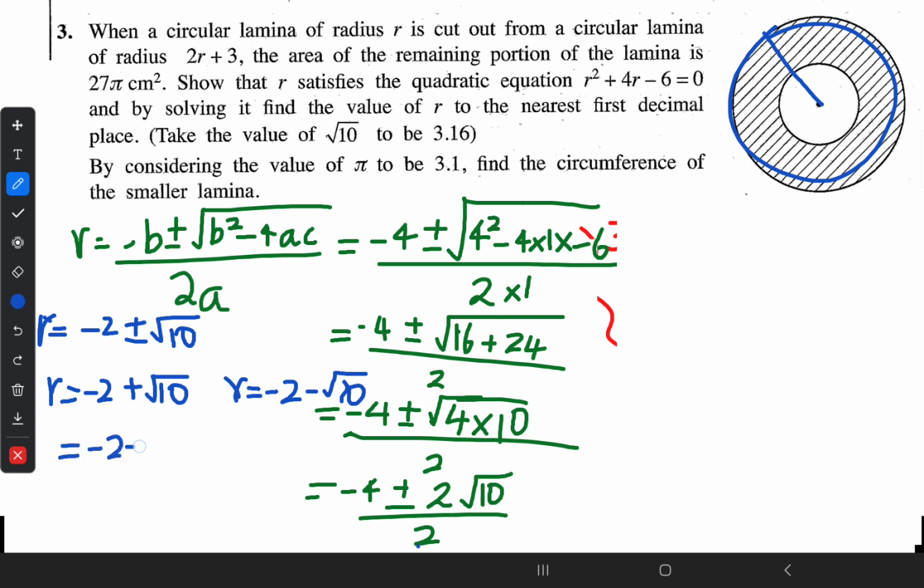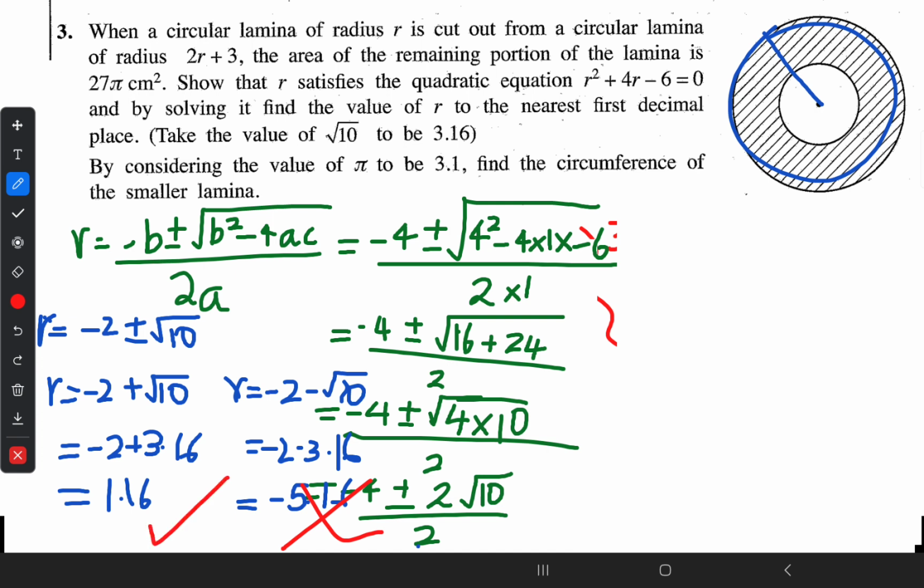Negative 2 plus 3.16 would be 1.16. Here it will become negative 2 minus 3.16, that is negative 5.16. But this is not possible. r is a radius, that means a linear length, and a radius cannot be a negative value. So the only possible answer for r is 1.16.